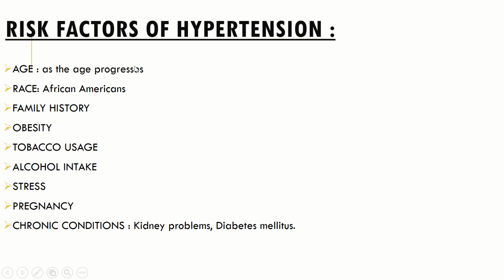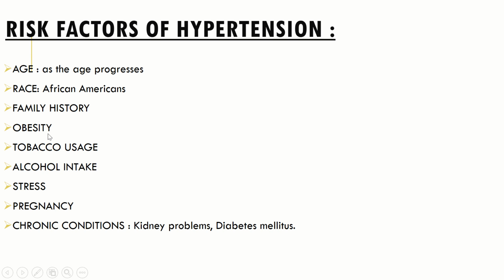So as age progresses, hypertension usually occurs. Race: African Americans have hypertension more. Family history: if a parent, sibling, maternal or paternal uncle or aunt, anyone in the family has it, then hypertension is likely to occur.